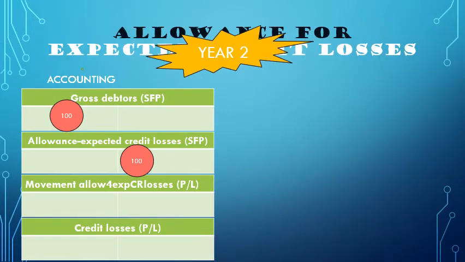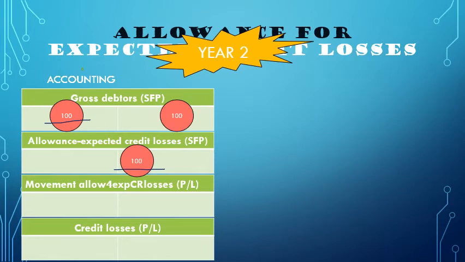So in year 2, we start off with our pink debt still sitting in our gross debtors account as a debit, and the credit sitting in our allowance for expected credit losses. So that will be our opening balances. Now what happens is that this debt is now a bad debt.